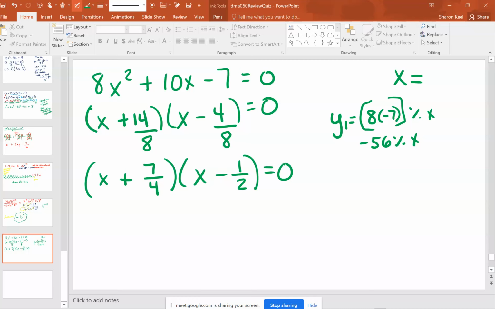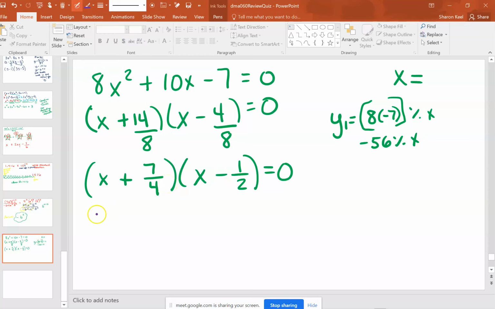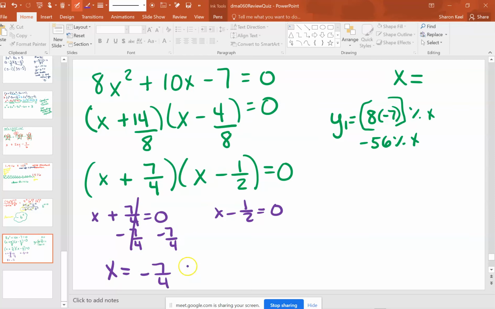I personally, right now, would not do bottoms up, leave it as it is. Then what we're going to do is set each side equal to 0. So x plus 7/4 needs to be equal to 0, and x minus 1/2 needs to be set equal to 0. All I do is move the 7/4 by subtracting it to move it over, and x equals negative 7/4.